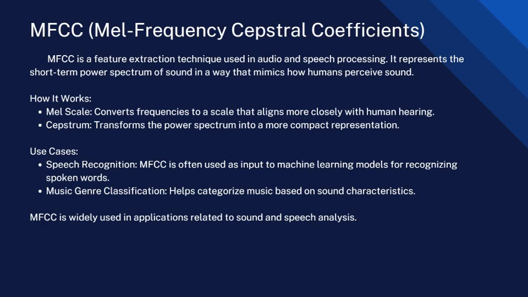The cepstrum transforms the power spectrum into a more compact representation. What are the use cases? Number one is speech recognition. MFCC is often used as input to machine learning models for recognizing spoken words. Next is music genre classification. It helps categorize music based on sound characteristics. MFCC is widely used in applications related to sound and speech analysis.